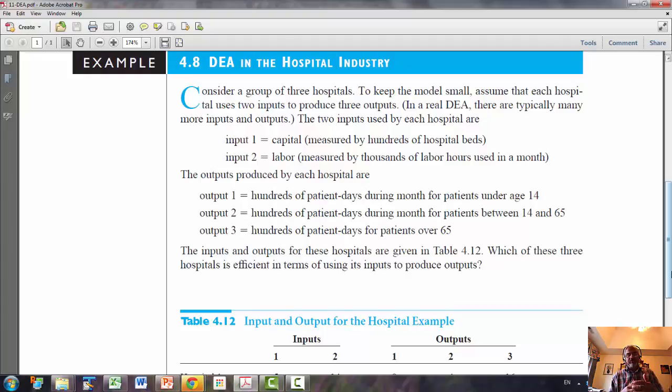So we have 3 hospitals. It can be any number of hospitals. And we look at a certain group of inputs and a certain group of outputs. Now, if an operation is efficient, then you will produce as much output as possible with as little input as possible.